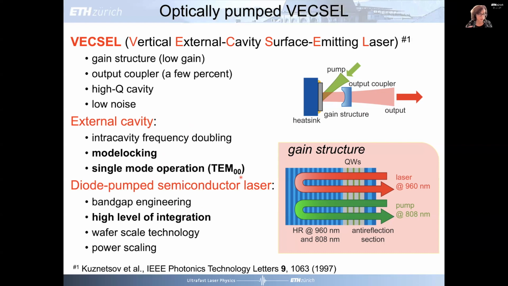In comparison to a diode-pumped solid-state laser, the semiconductor laser gain medium offers you bandgap engineering, so you have much more flexibility in the exact wavelengths of operation. You have a higher level of integration, you have a wafer-scale technology, and you can scale this semiconductor in power.